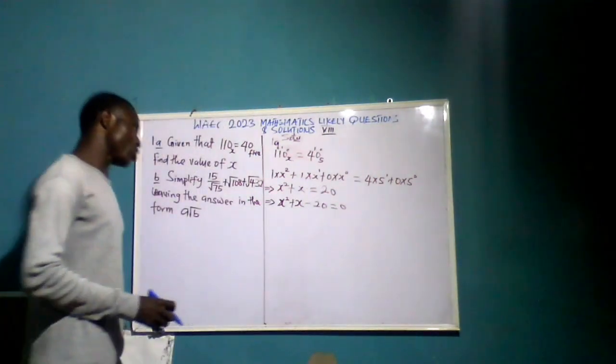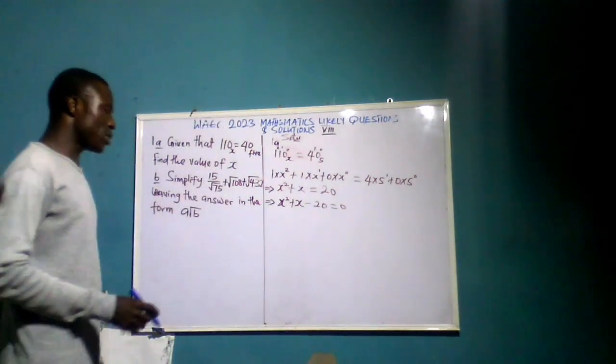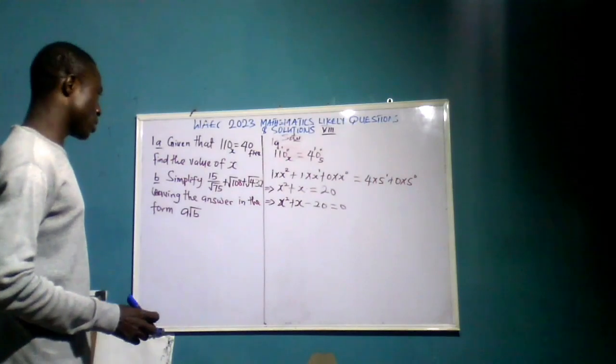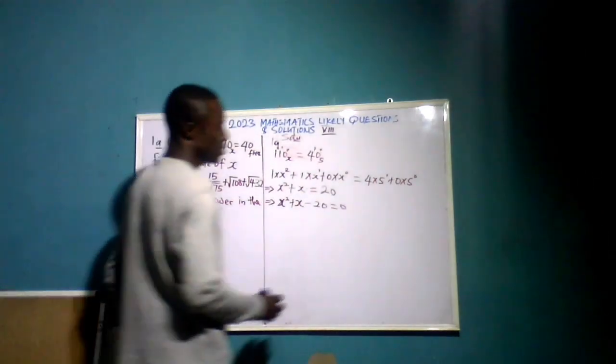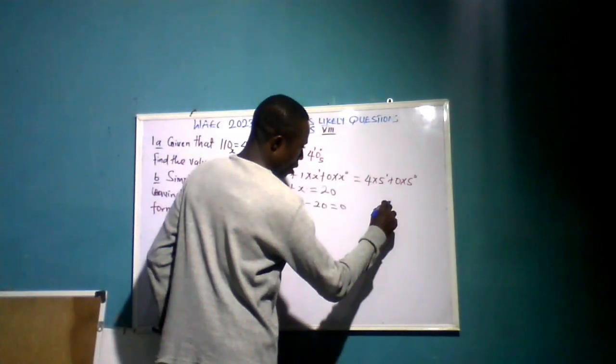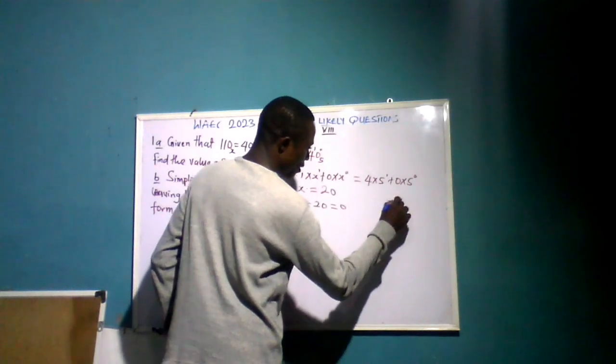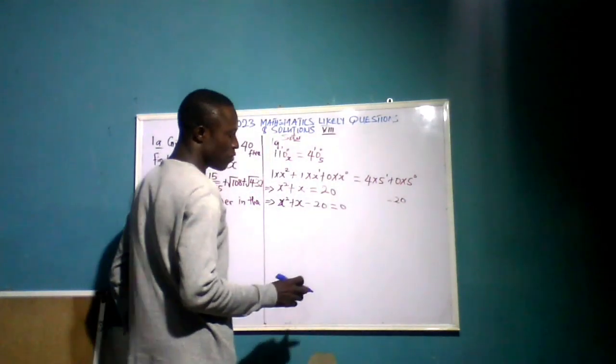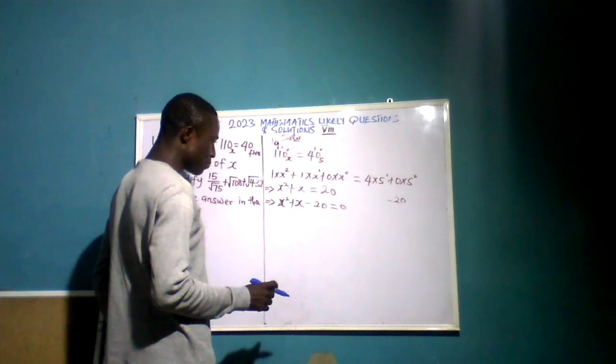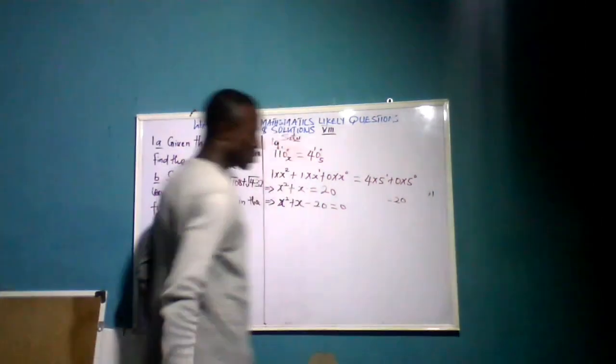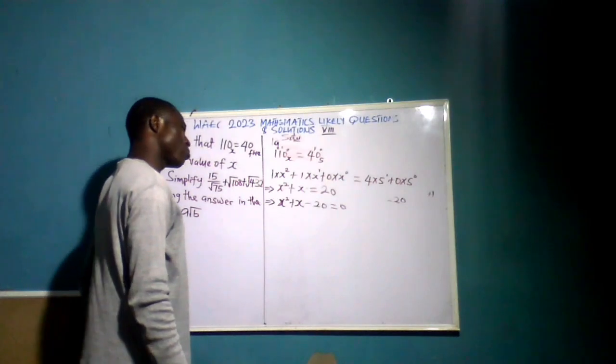This is a quadratic equation, and let's look at how we can go about it. Can we factorize it? Yes, of course we can. Because for minus 20, we look for the factors of minus 20 that when added together give us plus 1.